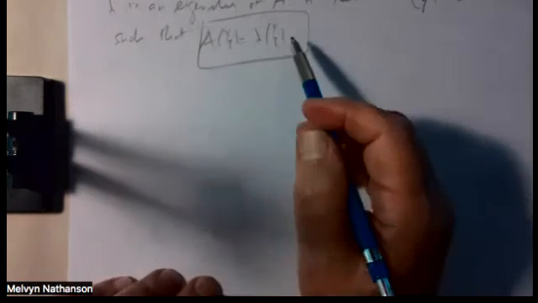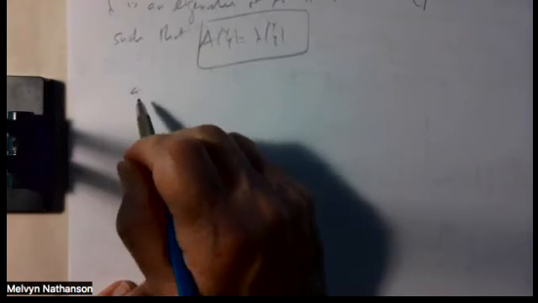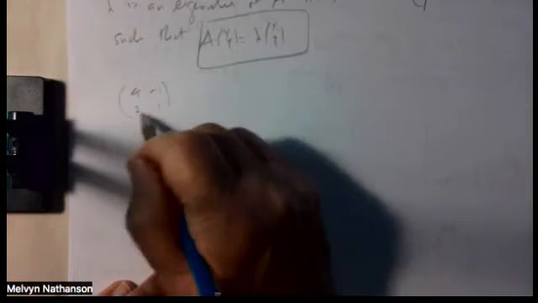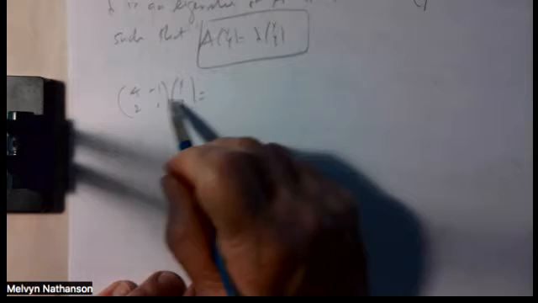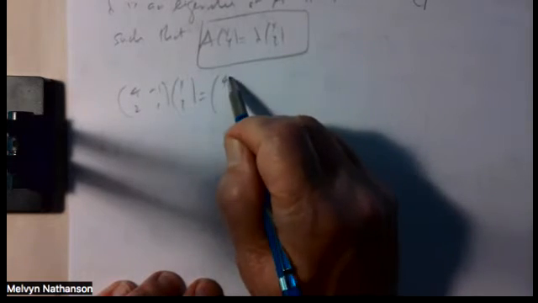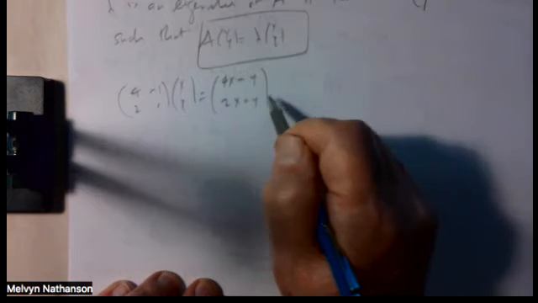So let's just write out what this means. The matrix is 4, 2, minus 1, 1 times x, y. When you do your matrix multiplication, this is 4x minus y and 2x plus y.